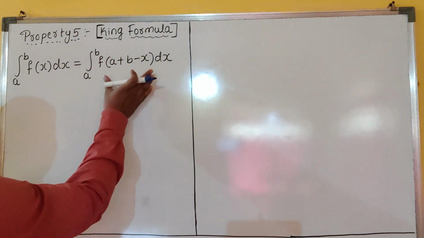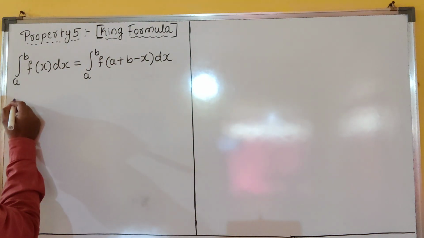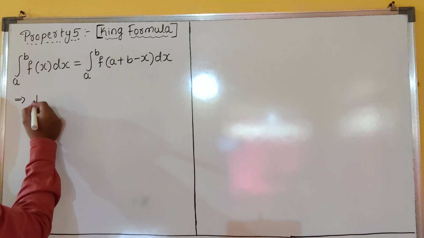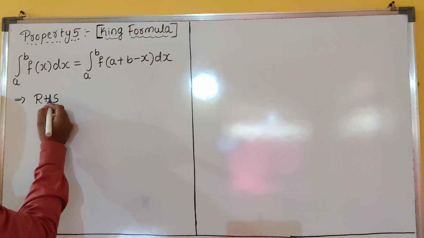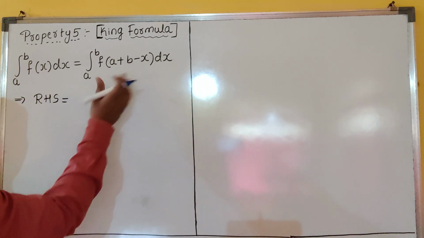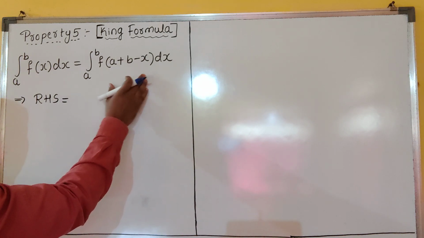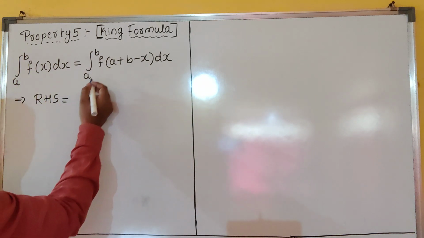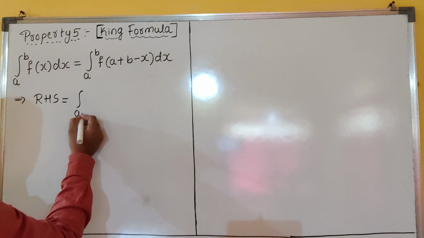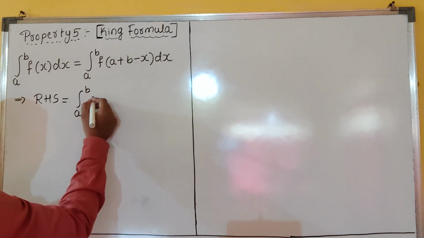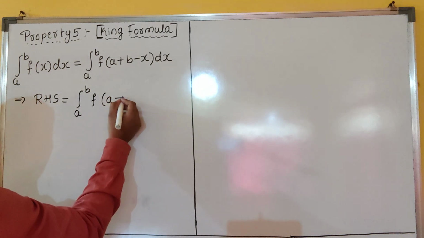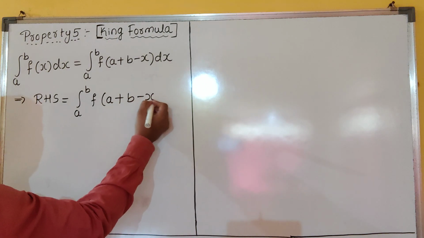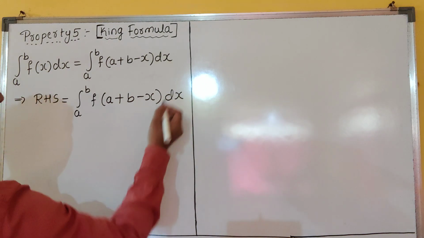So first let us consider your RHS first. What is your RHS dear students? RHS means right hand side. Right hand side means this side. Left hand side is that. So RHS you take integration a to b f of a plus b minus x into dx dear students.